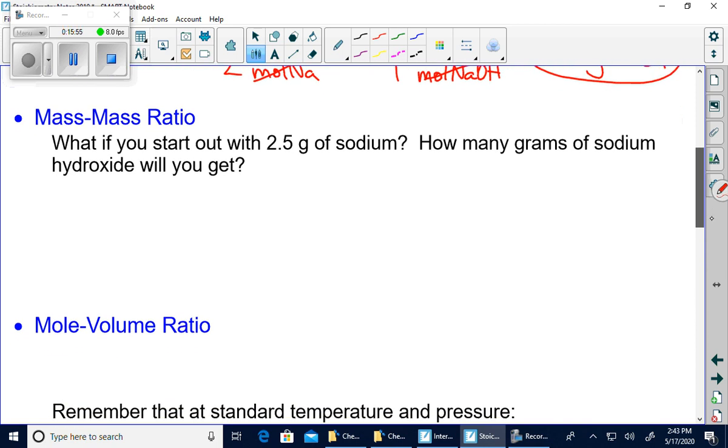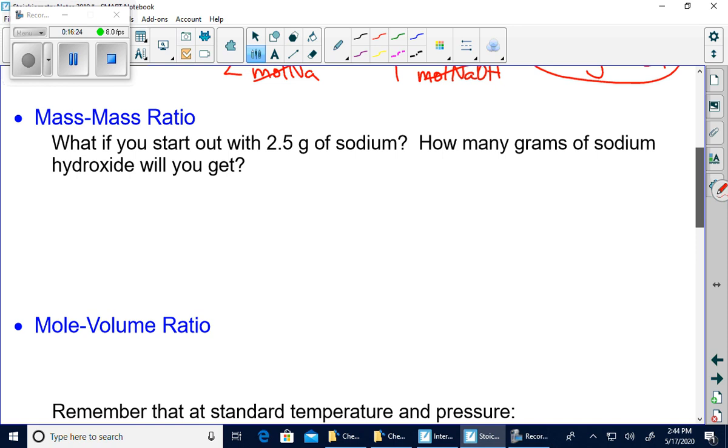All right. Now, most of the time, we are going to do this type of problem here. Mass to mass ratio. So what if you start out with 2.5 grams of sodium? Because we don't have a balance that masses out moles. So we generally just say, okay, I've got this many grams of this or that, and then we convert it to moles.